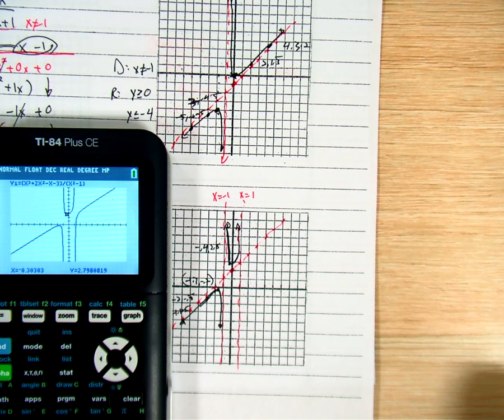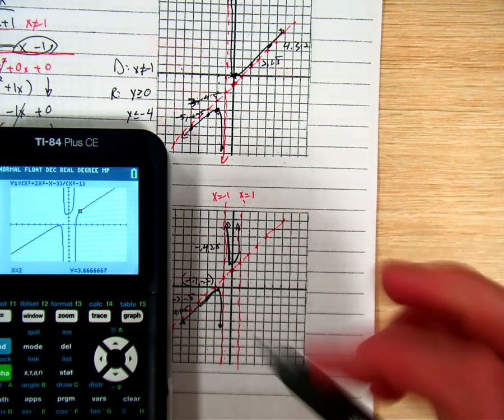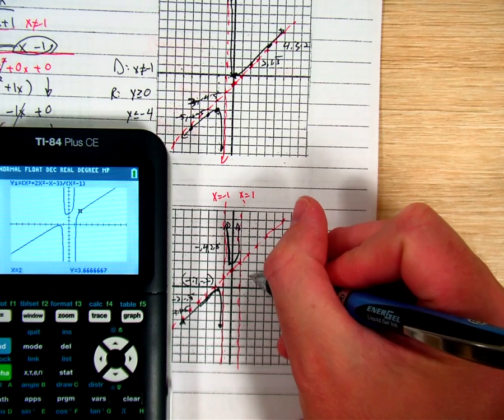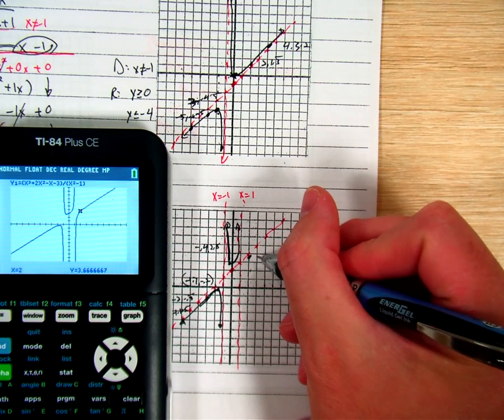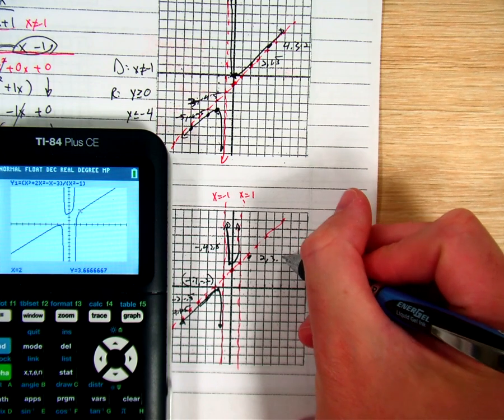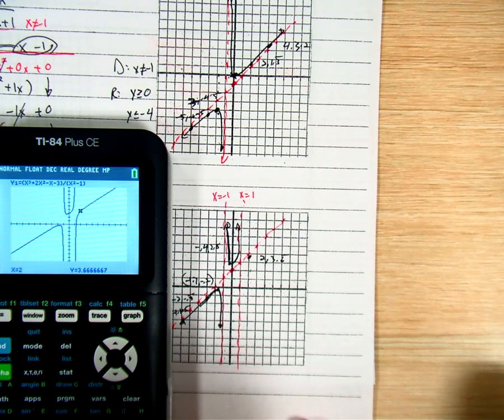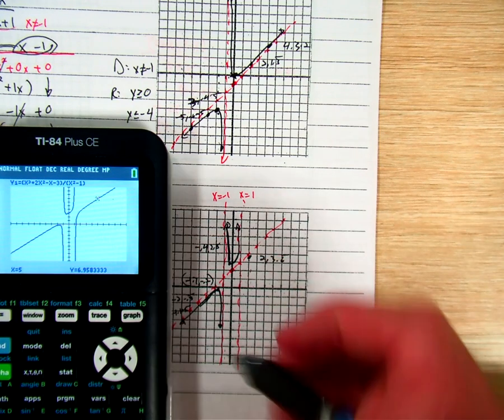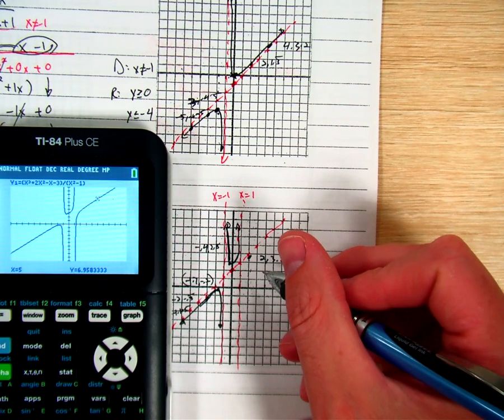Trace 2, 2, comma 3.6. And again, we are right on that slant line already. And let's just do one more point way over here, like 5 or something. 5, we got 6.95.